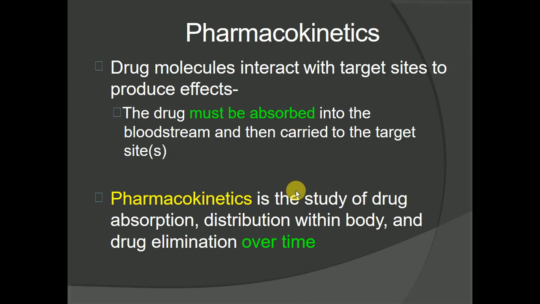So now, pharmacokinetics. As we know, in pharmacokinetics the drug molecules interact with the target site to produce effects. The drug must be absorbed into the bloodstream and then carried to the target site. As in the previous lecture, we have already discussed the pharmacokinetic profile, that is, what the body does with the drug.